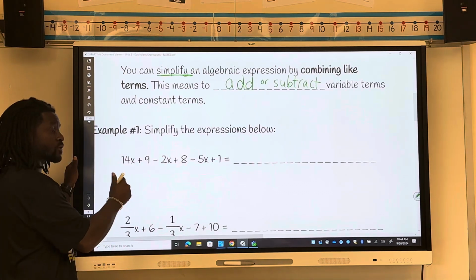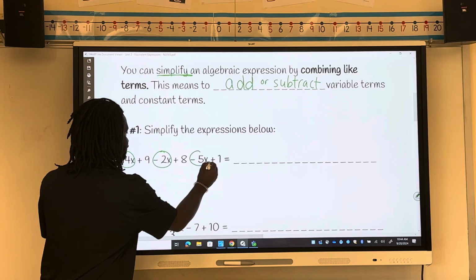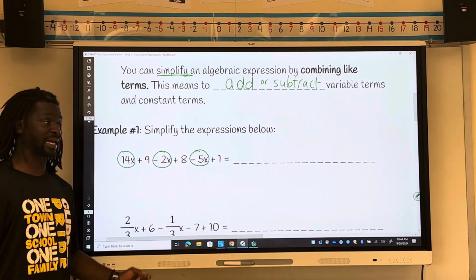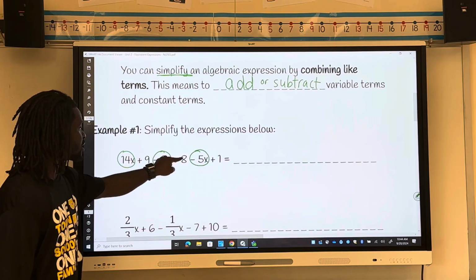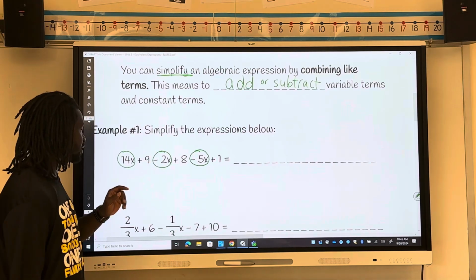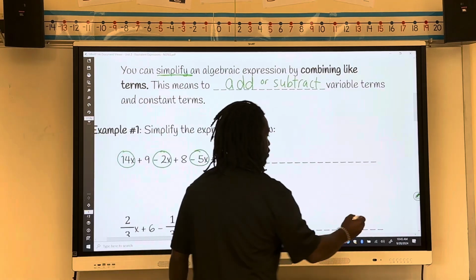I am circling all of the terms that are alike. Those all have x's. When you circle it, you have to include whatever sign is in front of it, whether it's an addition sign or a subtraction sign. Those are all my variable terms.